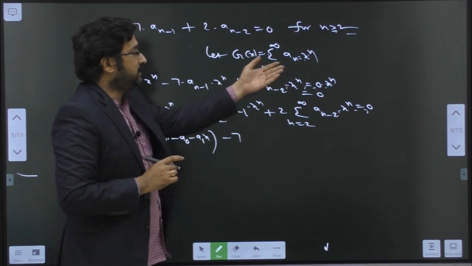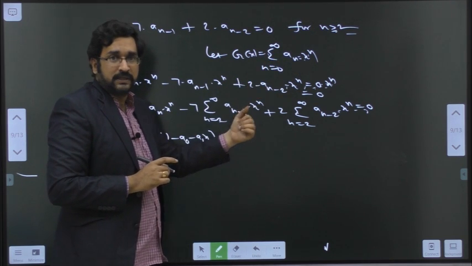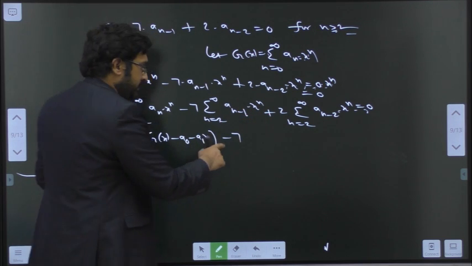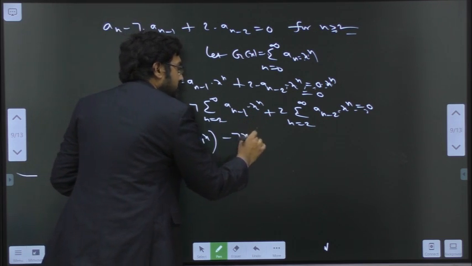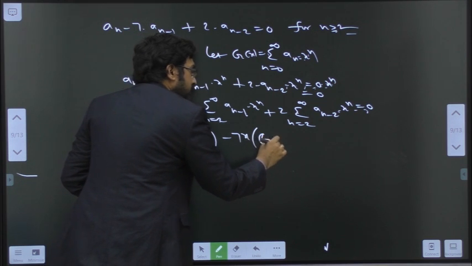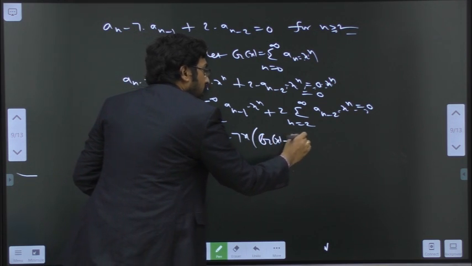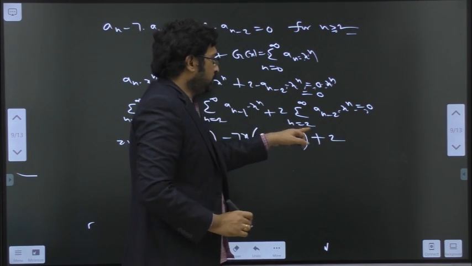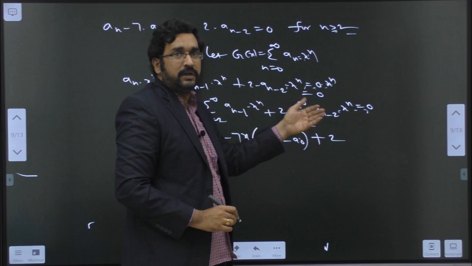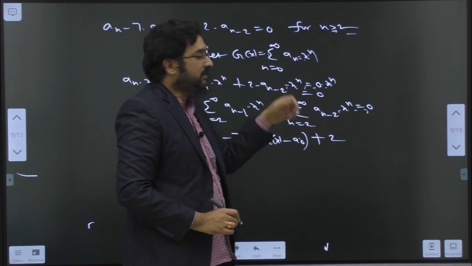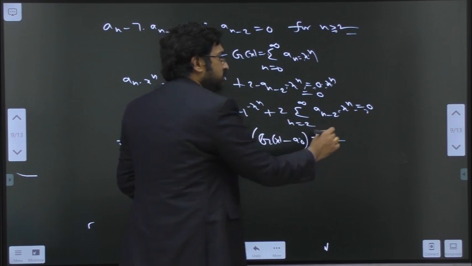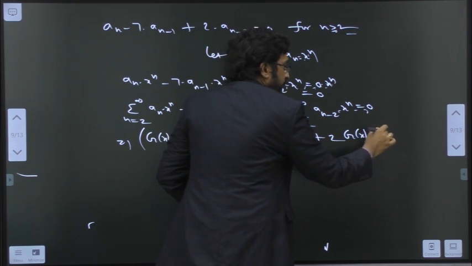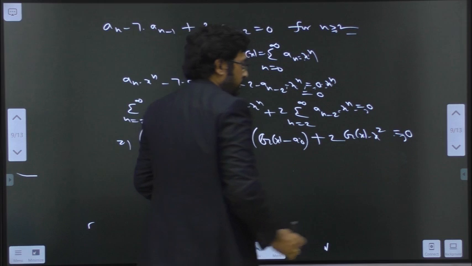So one term should be subtracted from g of x and it should be multiplied by x power 1. So we should write 7 into x into g of x minus a naught plus 2 into, here 2 both are same, so no need to subtract any term from g of x, but the given term should be written as it is multiplied by x power 2 equal to 0.